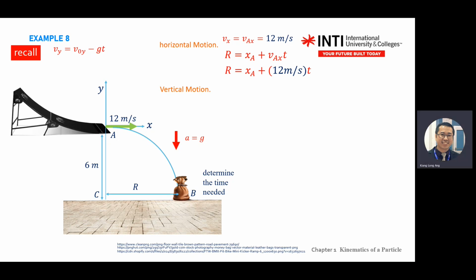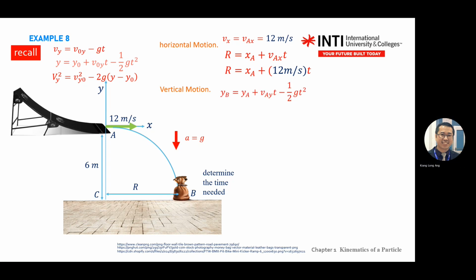So the first one you get Vy equal to V naught y minus GT, minus because going down. The second one is also the same, but you change x to y. Then the same for the velocity Vy squared.